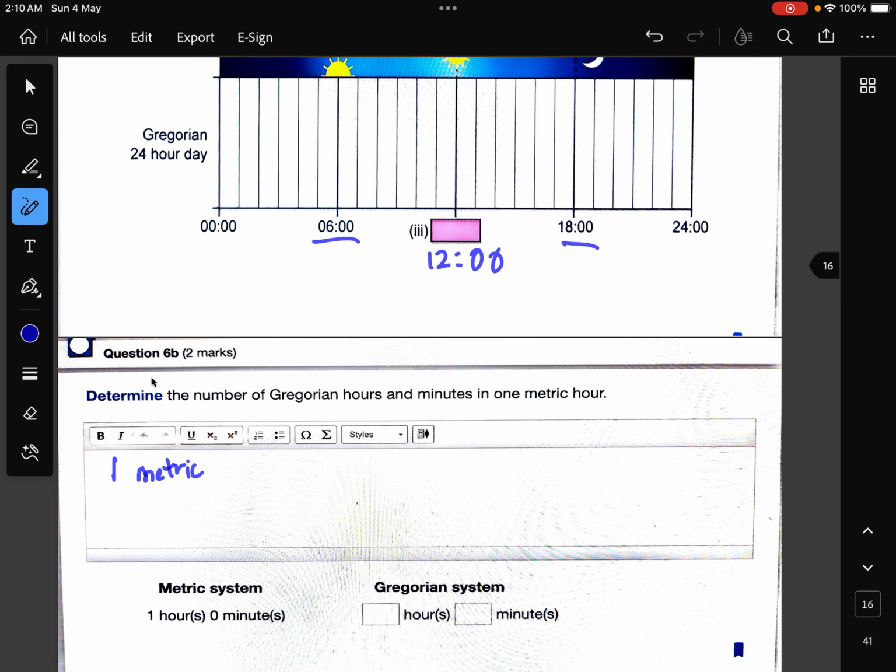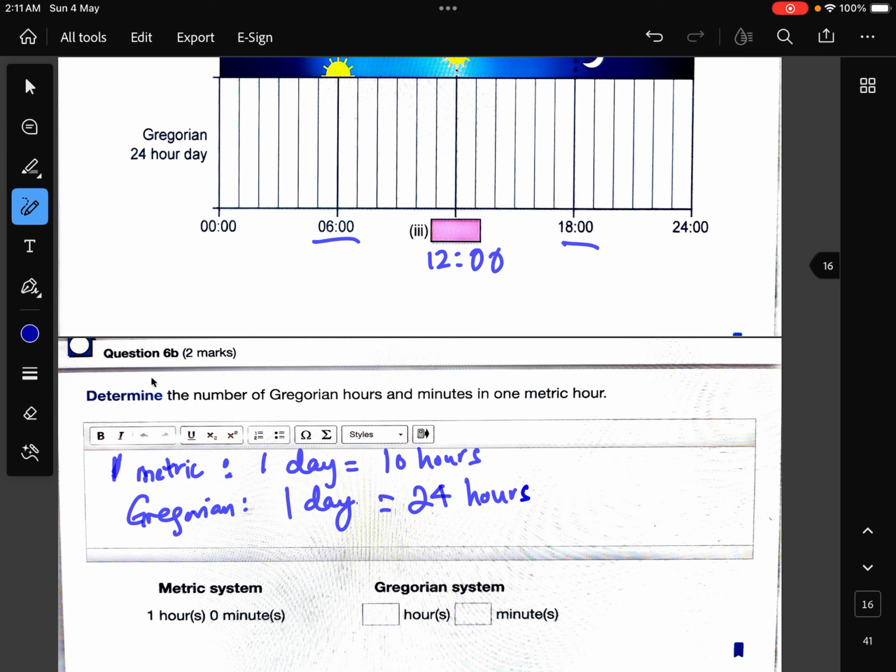For metric, 1 day is equal to 10 hours. And for Gregorian, we know that 1 day is 24 hours. So the question is basically asking, in 1 metric hour, how many Gregorian hours and minutes will you have?